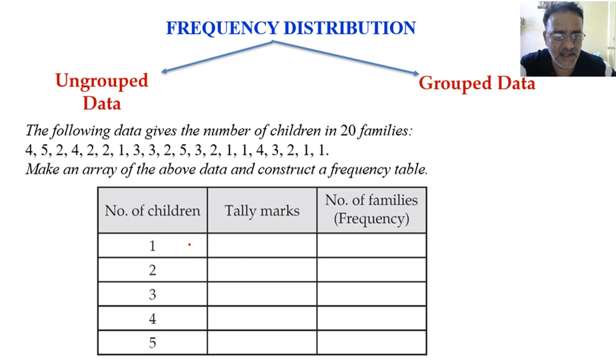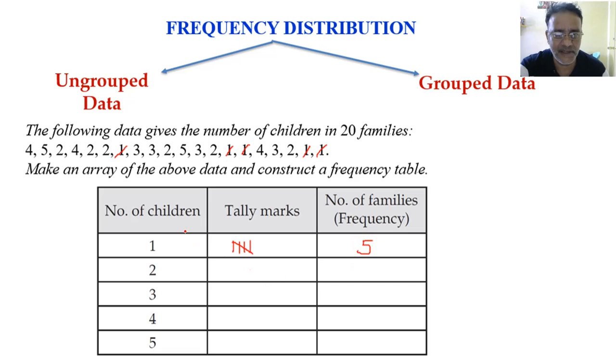Okay, let us start with the number of children 1. How many ones are there? उसको क्रॉस करते जाएंगे. We'll cross all the ones. 3, 4, 5. So we'll start from here. 1, 2, 3, 4, cross करेंगे 5, and we'll write here 5.